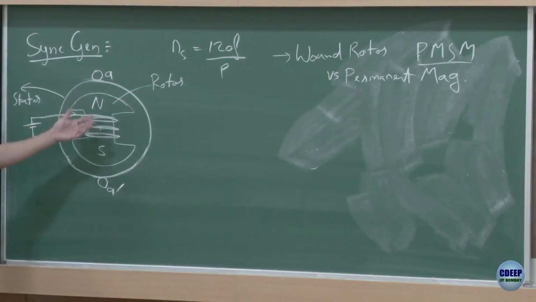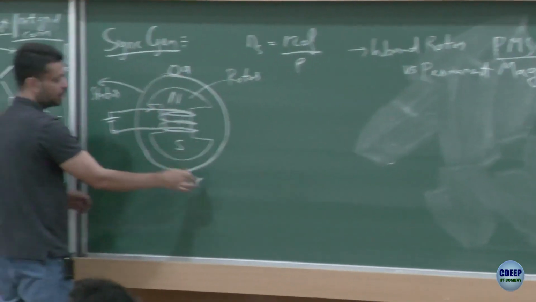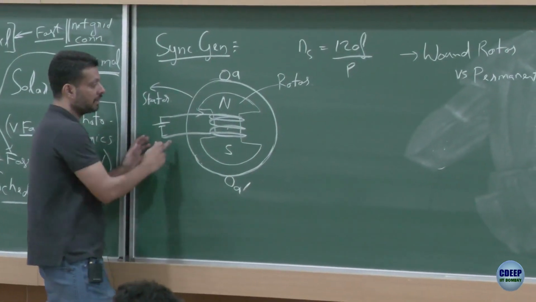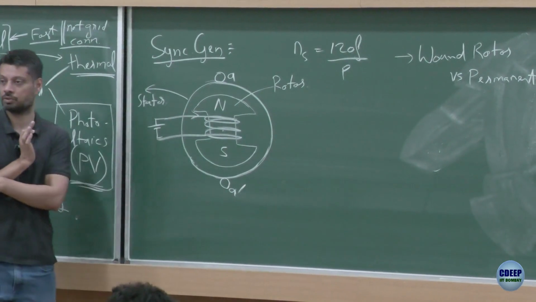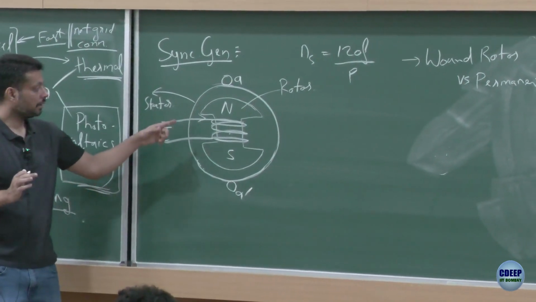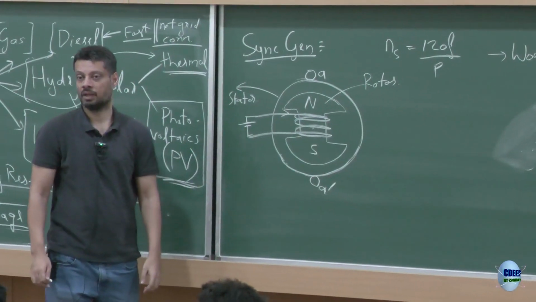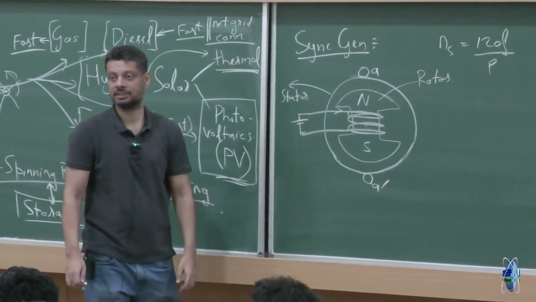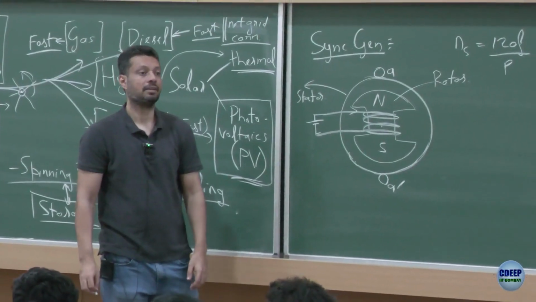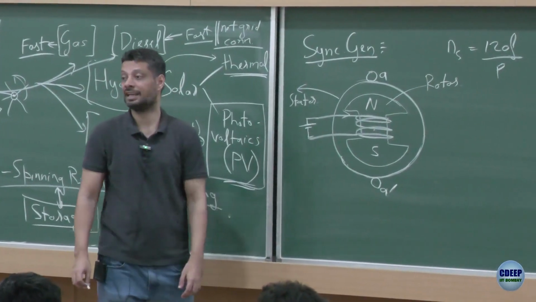Okay. Now let's say this is the geometry. I am not giving any current to the stator winding; I am giving a current to the rotor north and south. How will the flux be in the air gap because of this?